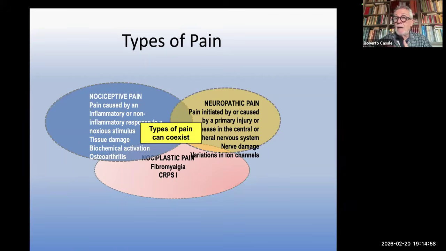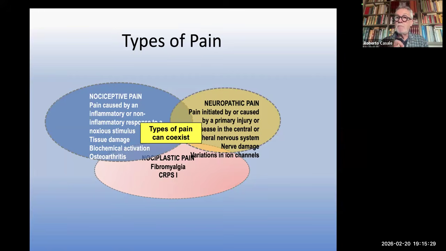You may have a tarsal tunnel syndrome in the lower limb. You may have a radiculopathy because this fibromyalgic patient also has a radicular pain L4, L5, or S1. So it's necessary for us, as a clinician, not as a researcher, to be aware that the three types of pain can overlap.